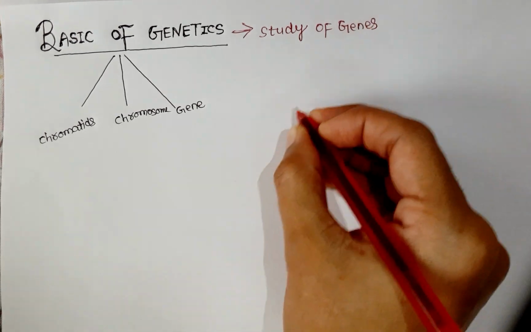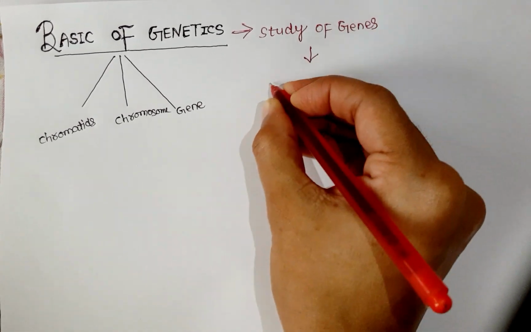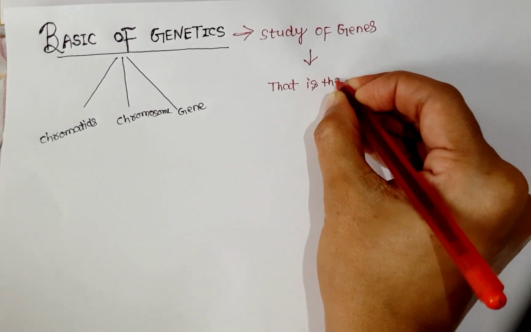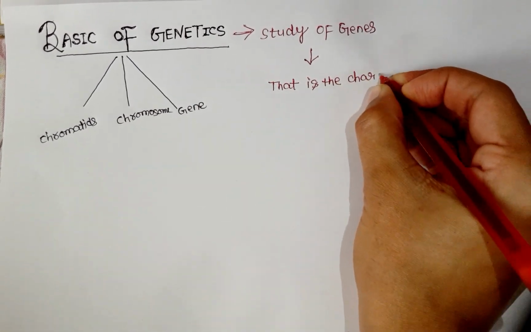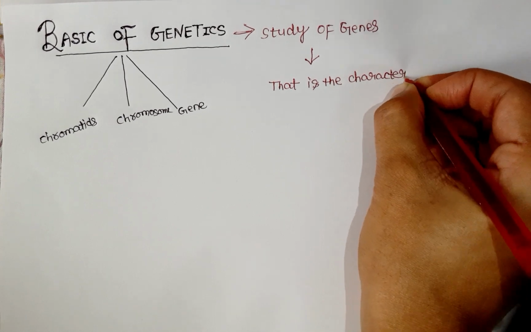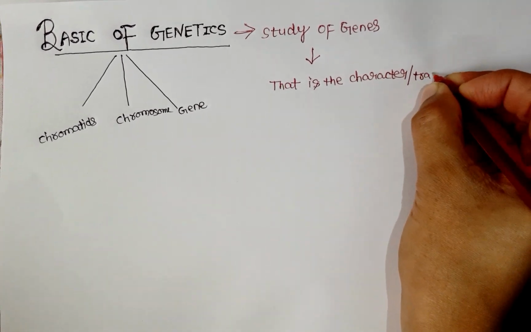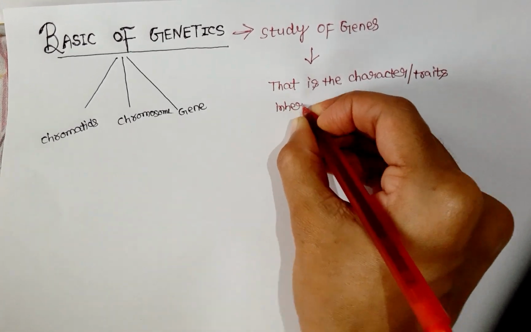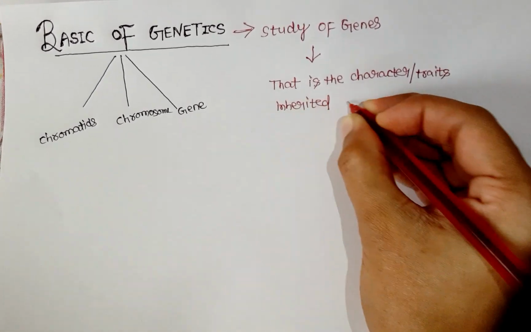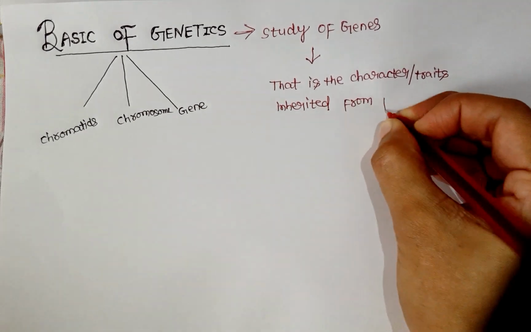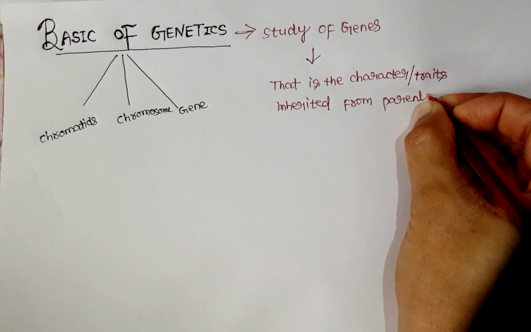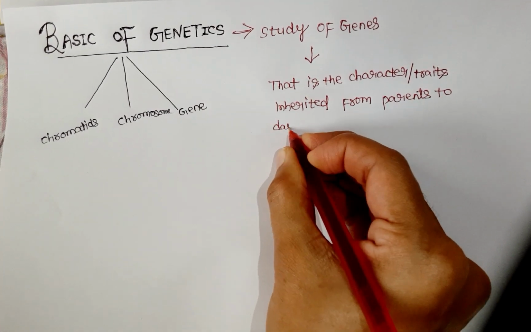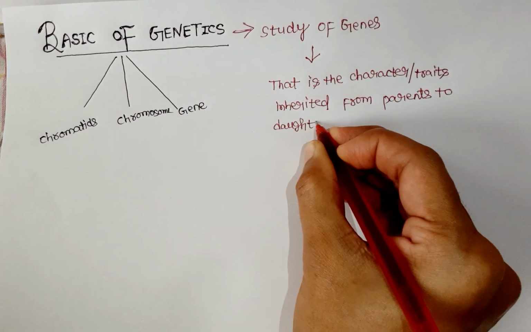What are genes? That is the characters or traits inherited from parents to daughter or son.